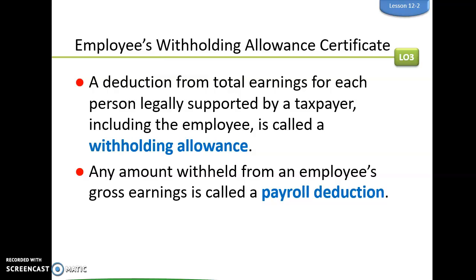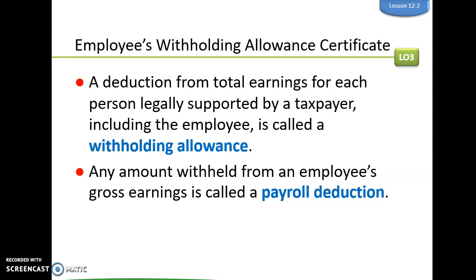And that employee is saying on their W-4 when they start the job, this is how many dependents I have, this is how much I want withheld from my check. So it is very important when an employee starts a job that they have a W-4. They fill out a W-4 for every employee.